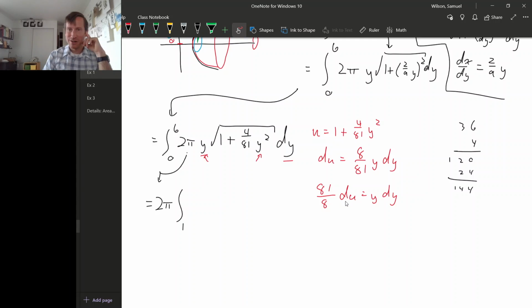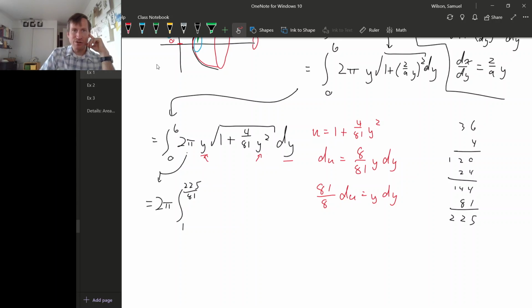So 1 + 144/81, plus another 81, gives 225 over 81. That's quite a messy number.